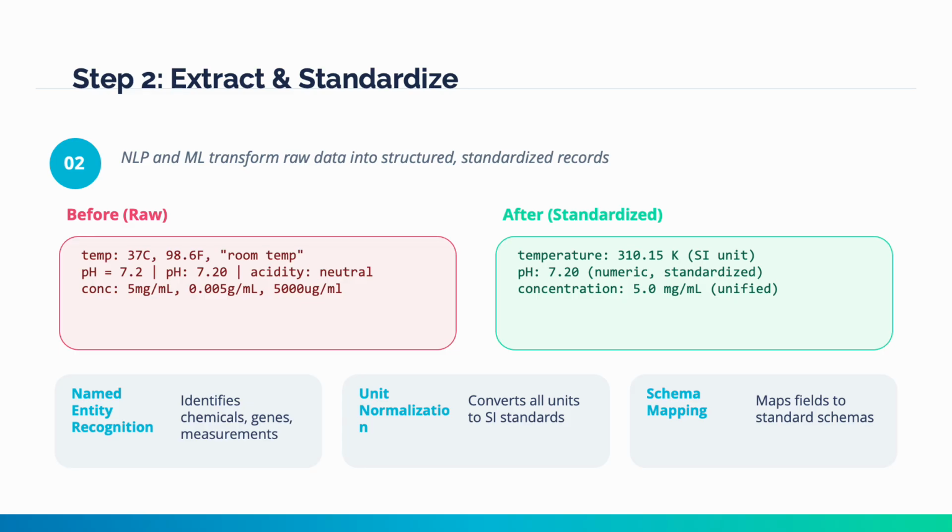Temperature becomes 310.15 Kelvin. Acidity is a clean numeric value. Concentration is unified to milligrams per milliliter. 3 key techniques make this possible. Named entity recognition identifies chemicals, genes, and measurements in your data. Unit normalization converts everything to international system standards. And schema mapping aligns your fields to community-accepted data schemas.